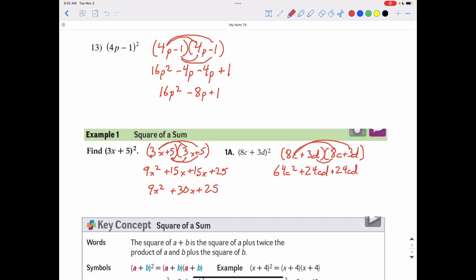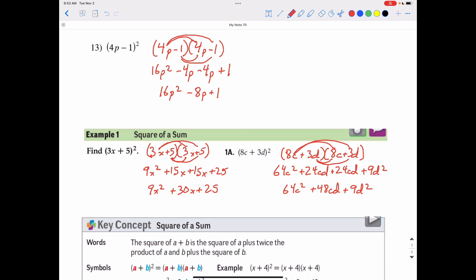So whether it's dc or cd, those are still like terms. And 3d times 3d is 9d squared. And then combine the like terms in the middle. 24cd and 24cd is 48cd plus 9d squared.